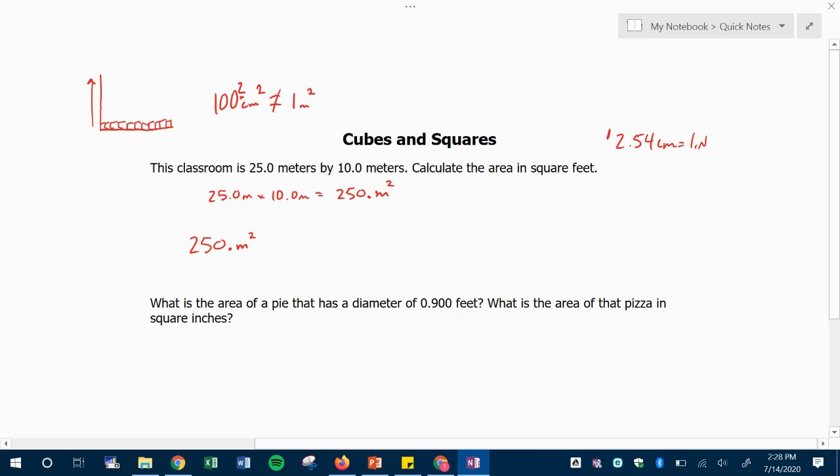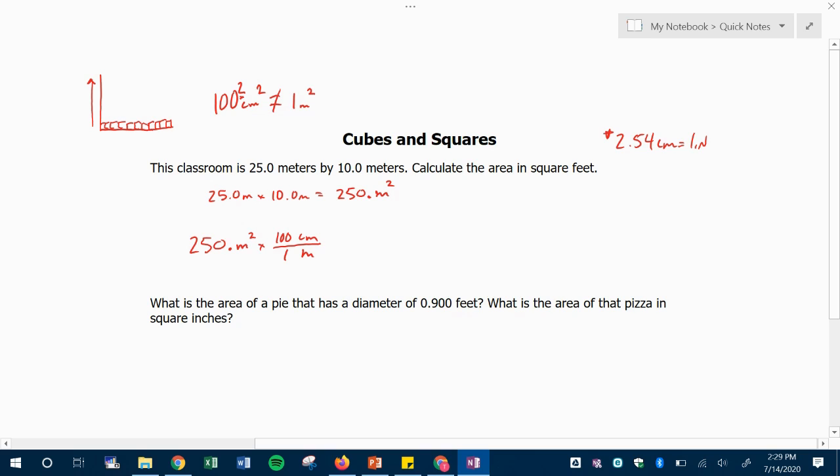So we need to convert meters to centimeters first. I know it's meters squared, but the factor labeling process still stays the same. If we're converting meters to centimeters, we set it up like this, and it's 100 centimeters for every 1 meter.